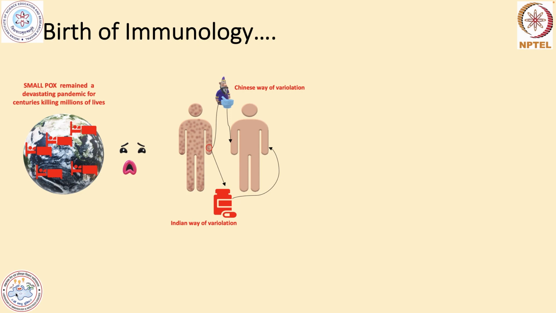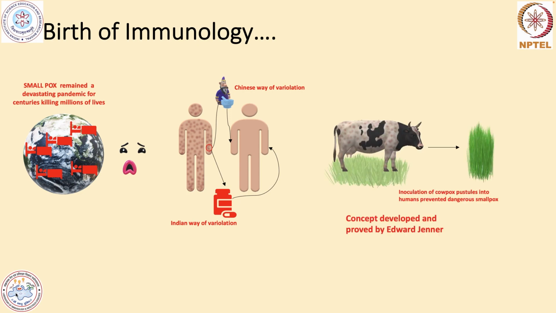There was an Indian way and a Chinese way, as I have explained. Finally this was eradicated by the work of Edward Jenner using cowpox, which in modern times we call the vaccinia virus.